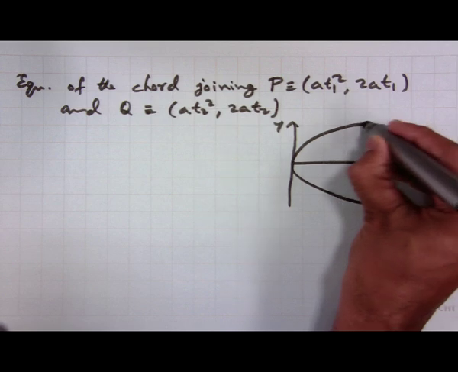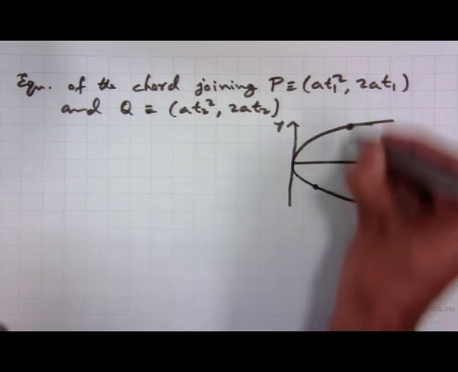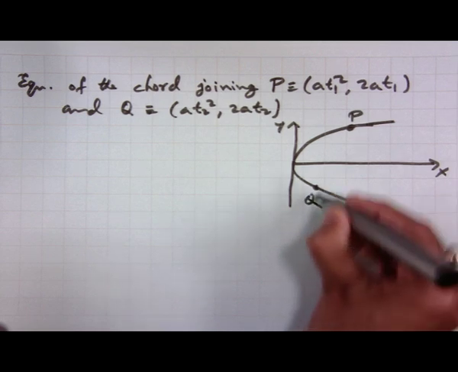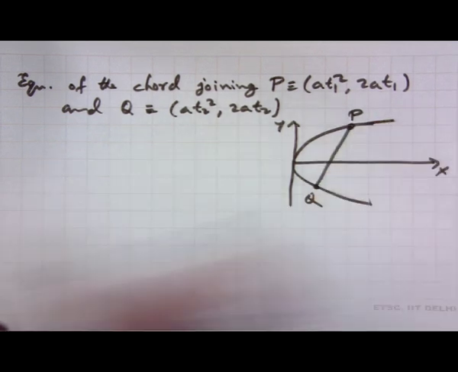So, if we have any 2 points on this parabola, P and Q, we want the equation of the line joining this P and Q.